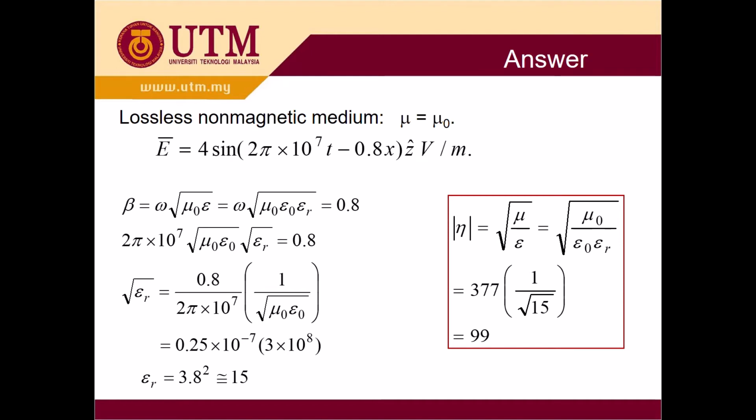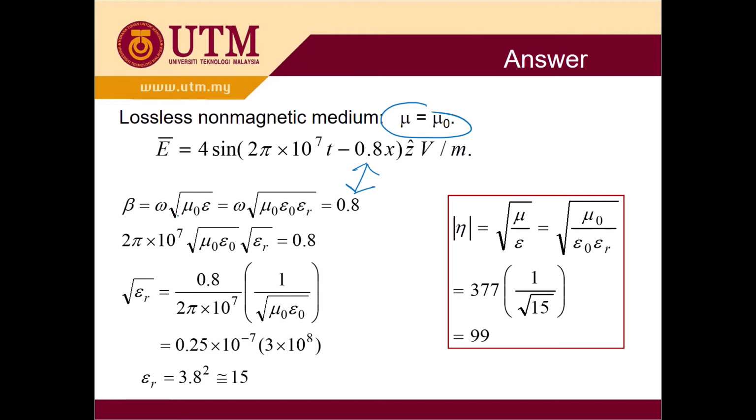Right, for a lossless non-magnetic medium, mu is equal to mu naught. The beta can be determined using omega square root of mu naught epsilon. When you calculate, you get 0.8.